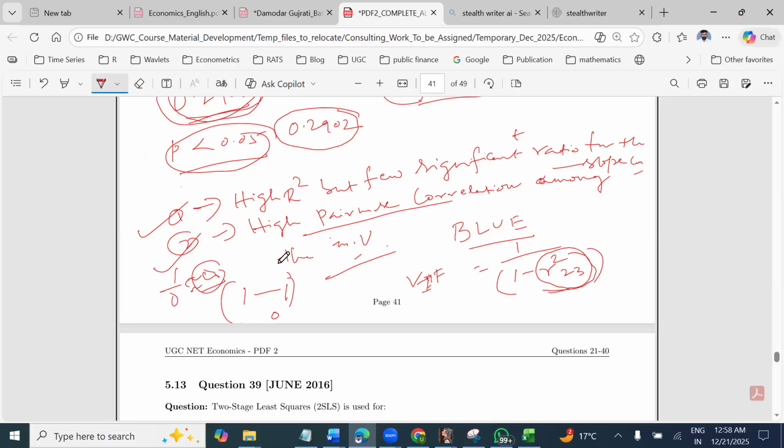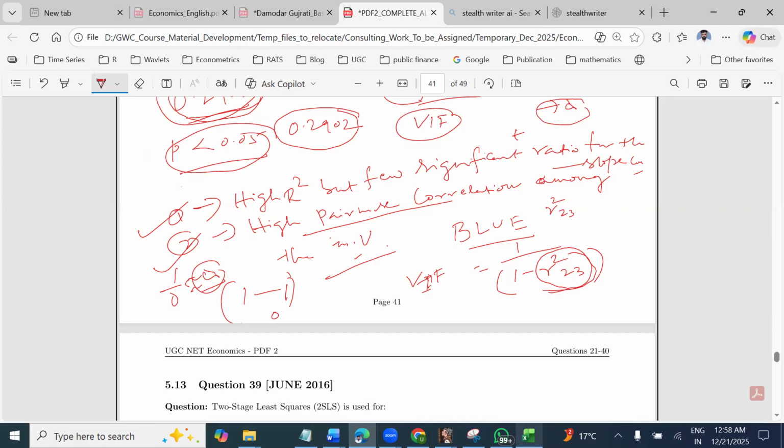If you ask me how much VIF we should have: if VIF is towards infinity, the model is suffering from multicollinearity. Let's say r square 2 3 is very low, 0.23.